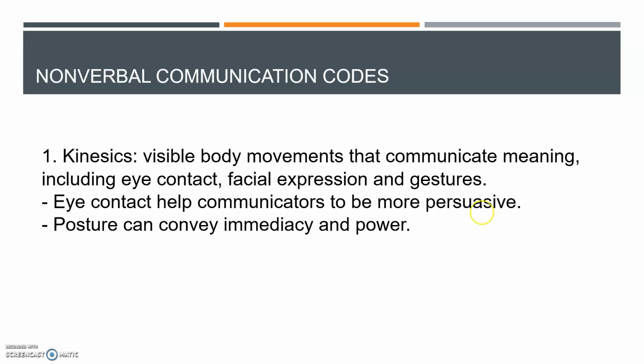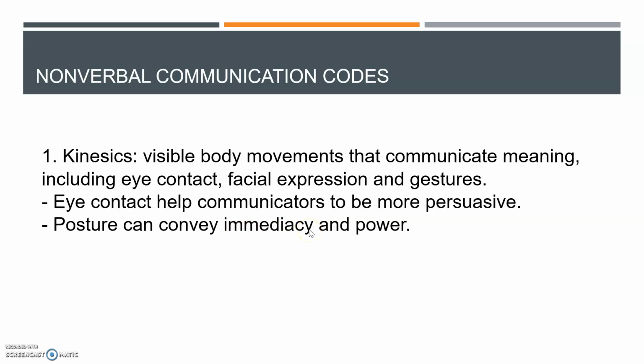And second, we want to talk about body posture. Posture can convey two things. The first one is immediacy, and the second one is power. And this will be on the exam. What two things can posture convey in a conversation? Immediacy and power. Let me explain these two terms.